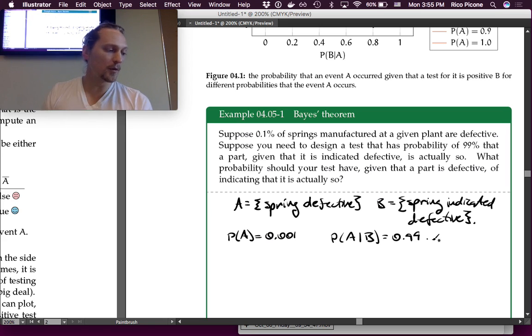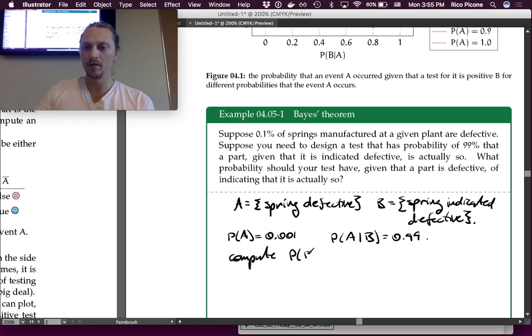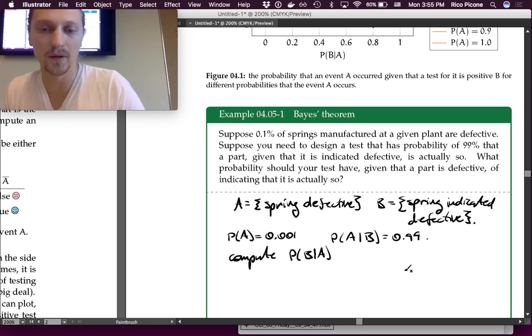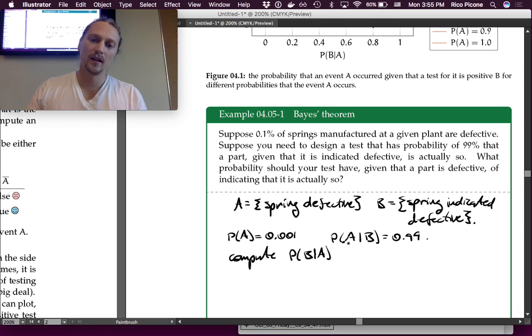We need to compute the probability of B given A, that the spring is defective and we indicate it as such, required such that we get this probability of A given B. So that's our job here.